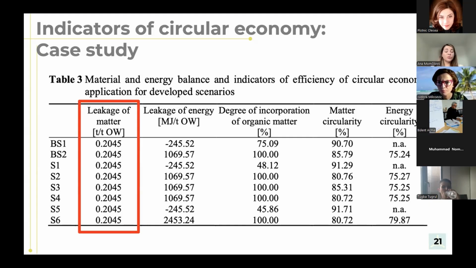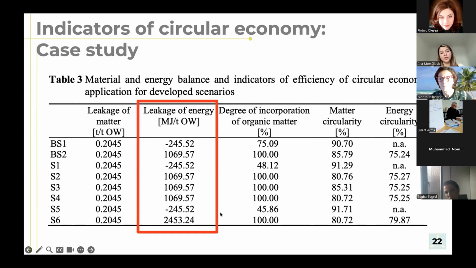So the main conclusion was that we have to widen the closed loop system and include maybe more of the agricultural households and give them back compost as a way of naturally fertilizing the fields.